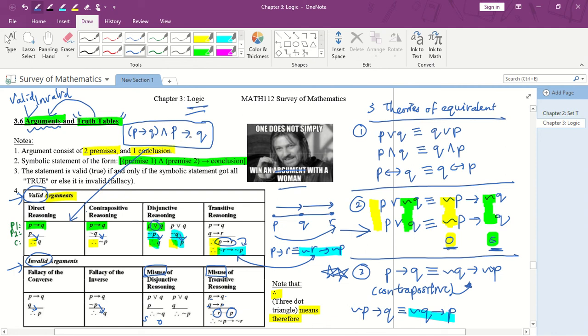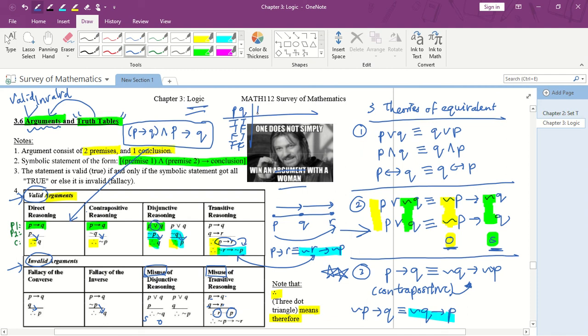So I will create a truth table. Let me put here P, Q, then true, true, true, false, false, true, false, false.